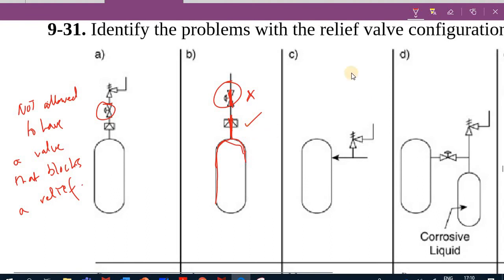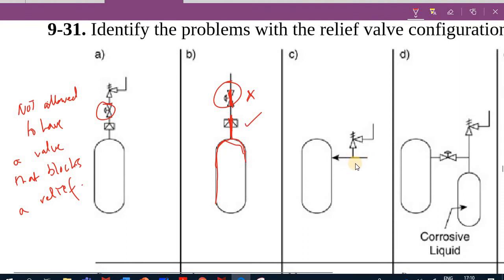And so great. So what about C? What is the problem of C? It looks like what we have here is an inlet or an outlet. It applies the same, but we have an inlet line here, an inlet to a vessel. Can you have a relief valve on an inlet for a vessel?